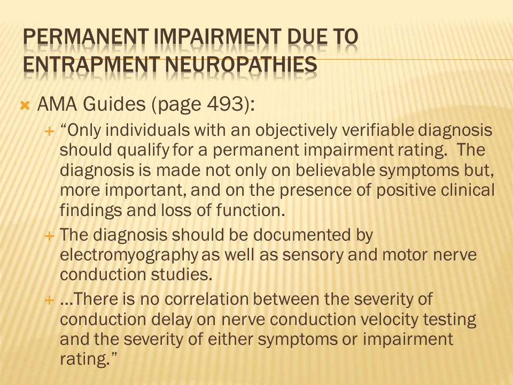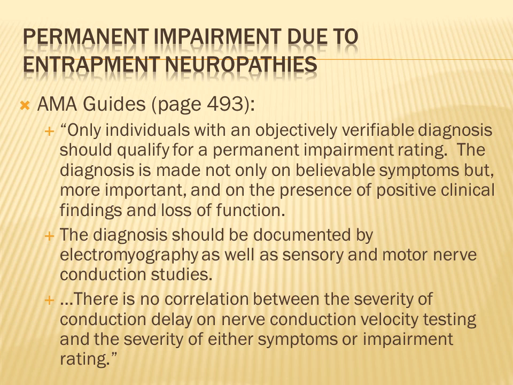It says, and this is a quote, "Only individuals with an objectively verifiable diagnosis should qualify for a permanent impairment rating. The diagnosis is made not only on believable symptoms, but more important, on the presence of positive clinical findings and loss of function."